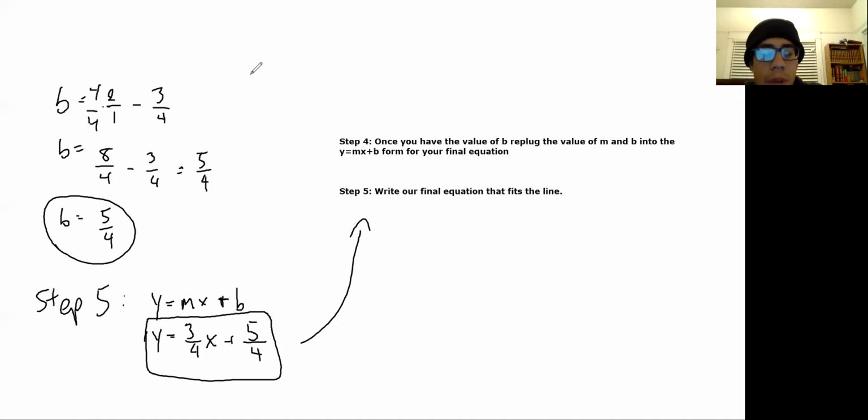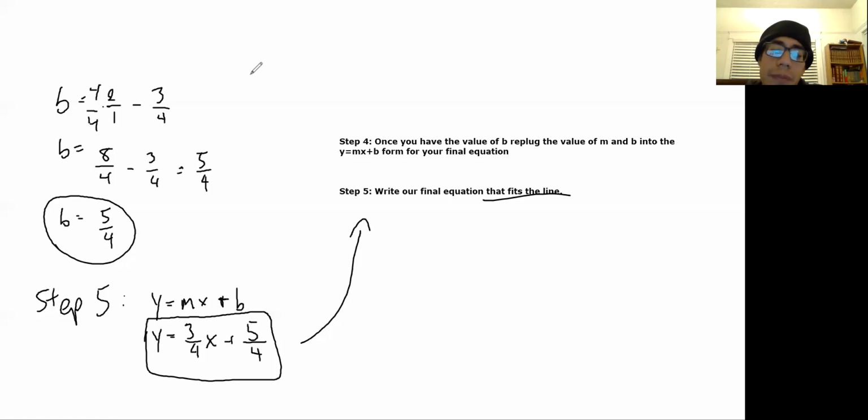Remember, I put the coordinate point in there to figure out what b was, but I'm not going to put them in for my final equation. My final equation is just going to be y is equal to, I'm going to replace m with 3/4 because we figured out that's what m was. I'm going to leave the x attached to it, plus what we now figured out b was, 5 over 4. That is step 5, write our final equation that fits the line.